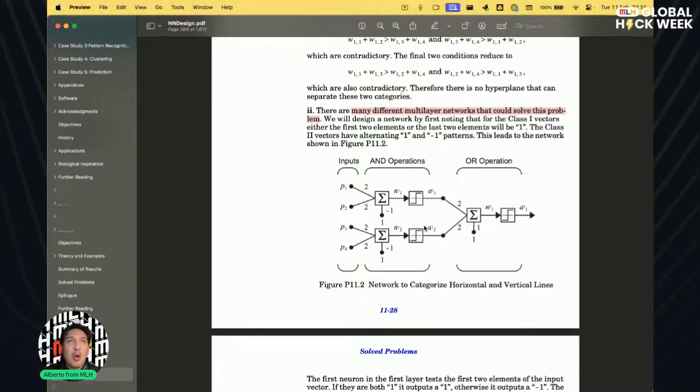But since we know how logic gates operate, it's intuitive for us as humans, so we can design the network from the beginning to pass the first two inputs and the last two inputs to different neurons, compare the results, and then compare them again to see which class we're trying to identify. So there's no big problem with that.